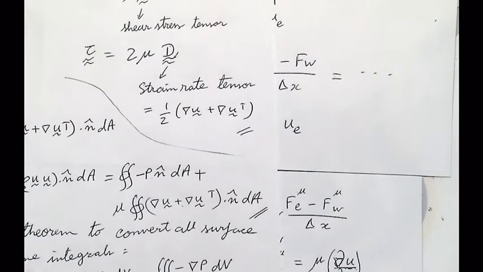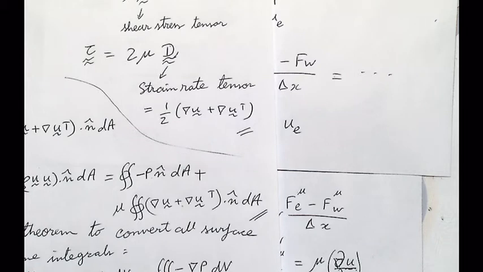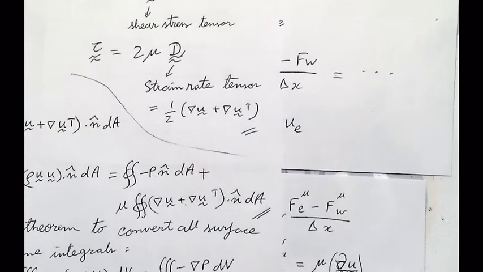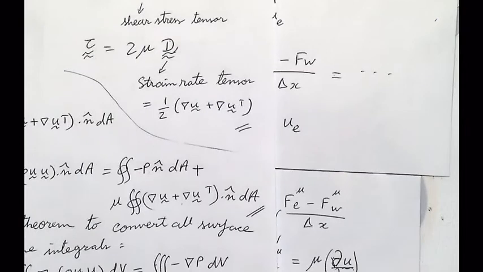So nabla U transpose in one dimension, I don't even know how to write that for a 1D case. In 2D, you take the matrix and transpose it. So this term would be dv by dx, right? Which is 0. Does it make sense to you?